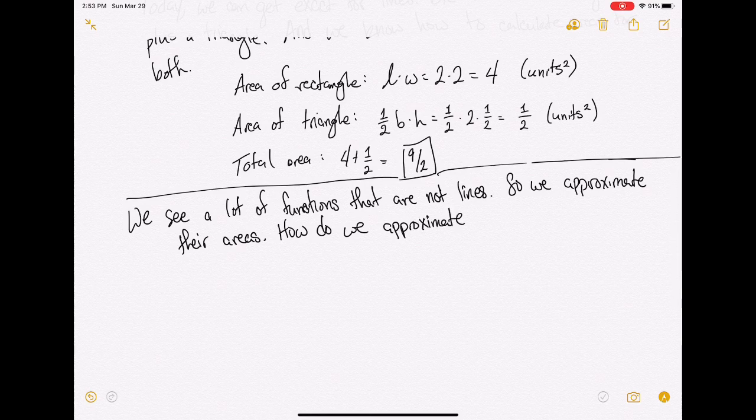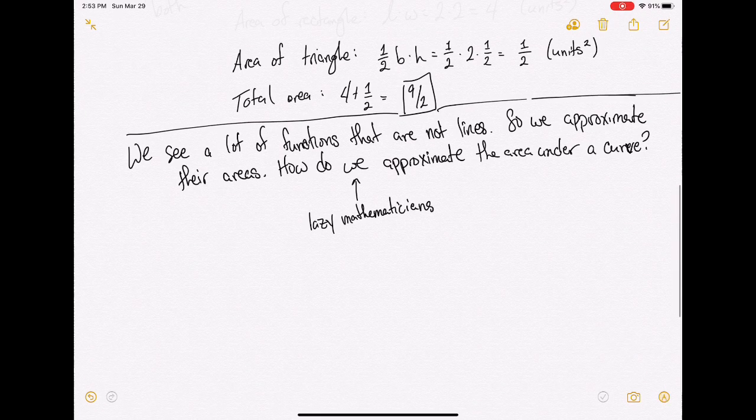And when I say we, I mean lazy mathematicians. So how do the lazy mathematicians approximate the area under a curve? And this is just with rectangles, with a whole lot of rectangles.